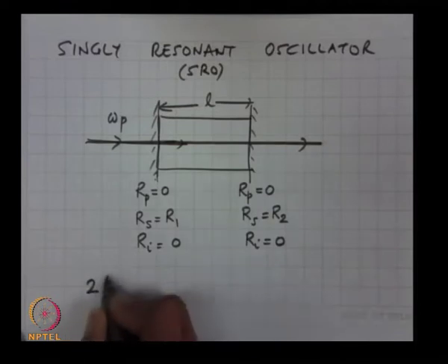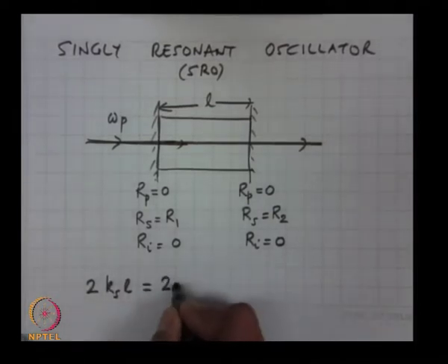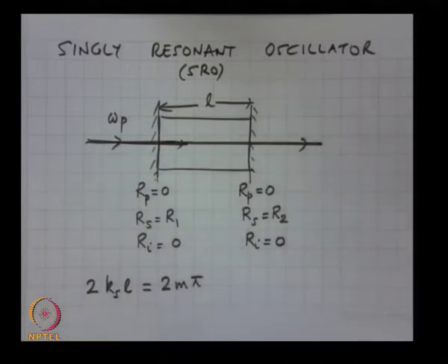2 times Ks times L is equal to... I am assuming in writing this condition that the mirrors are not introducing any phase changes, and the phase change is primarily because of propagation through the crystal.